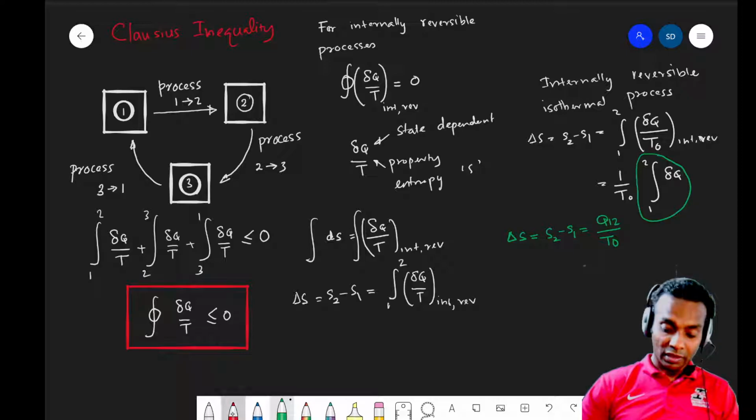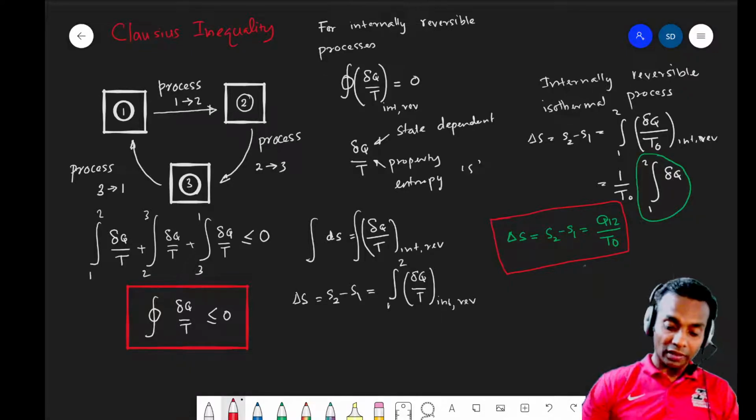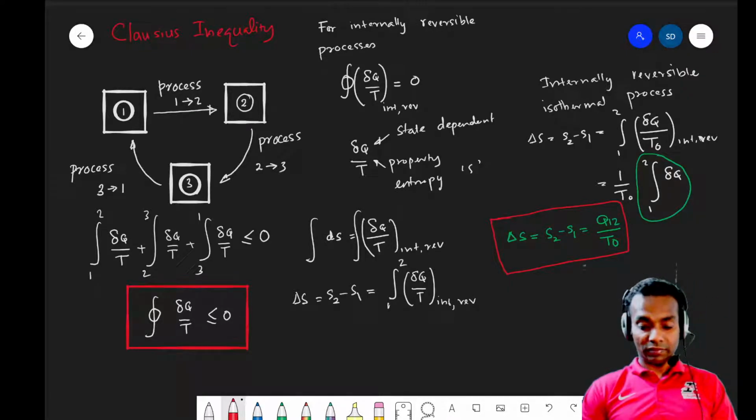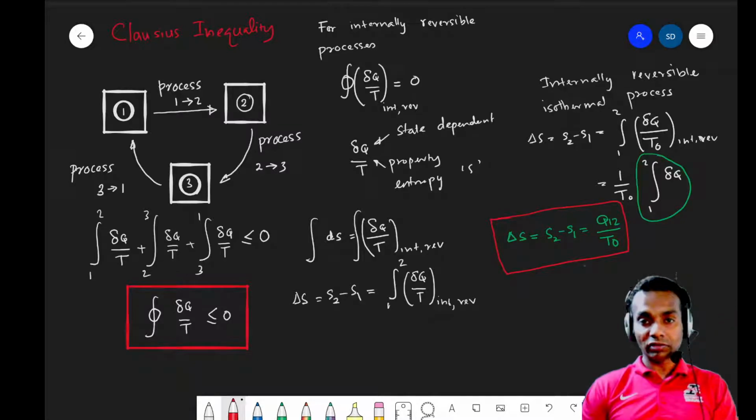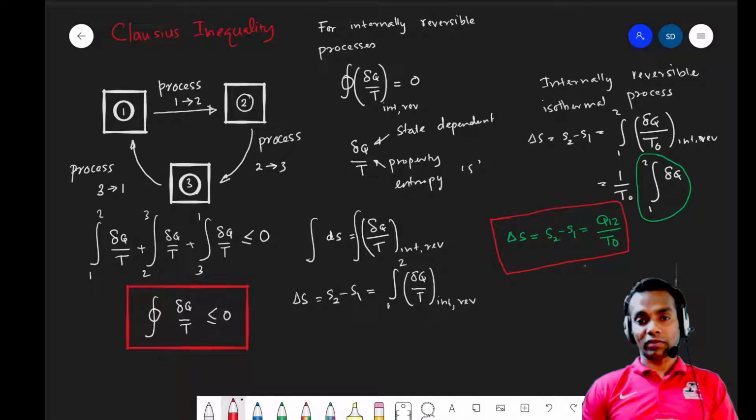If the heat transfer during the internally reversible isothermal process is known, we can readily calculate the total entropy change during the process.